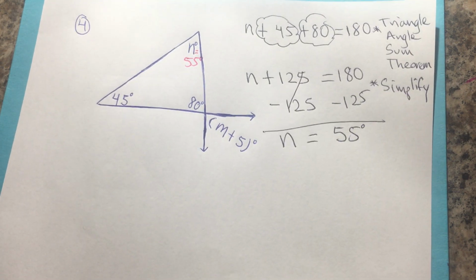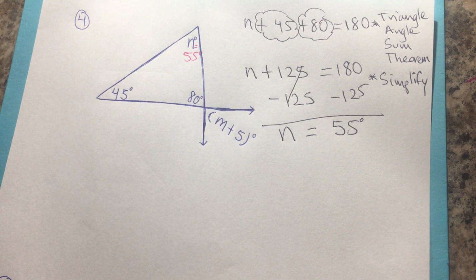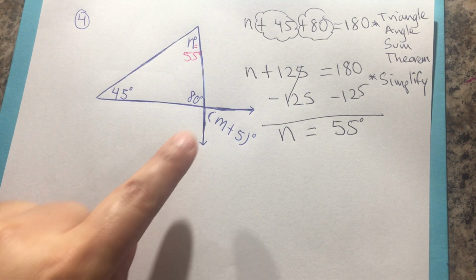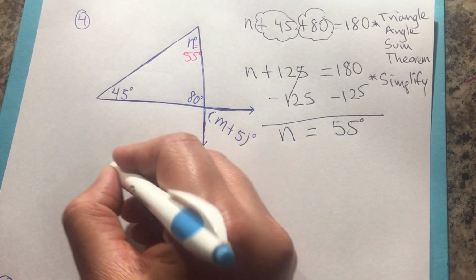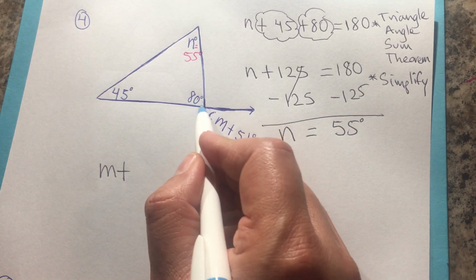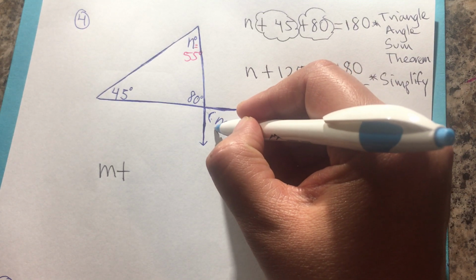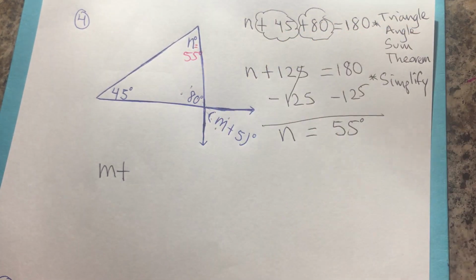Well, for m, we are going back to one of those other theorems, and it's about the vertical angles. We learned in previous lessons that vertical angles are congruent, they're equal to each other. It's like the little roosters who are trying to fight, and these are their beaks, right?